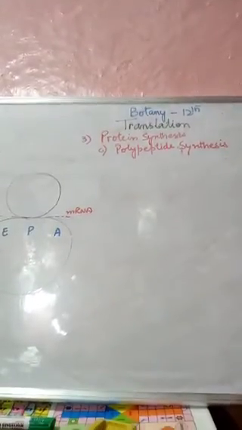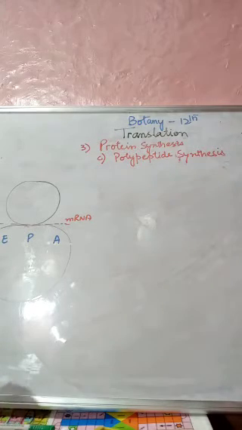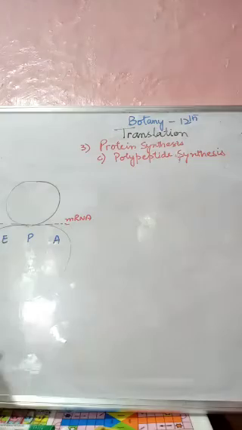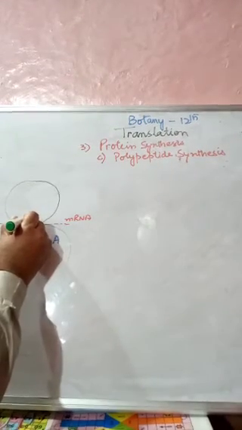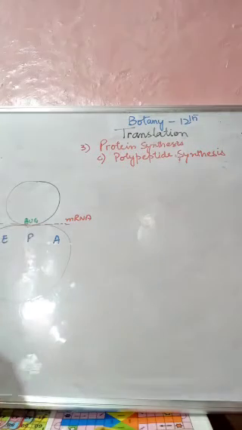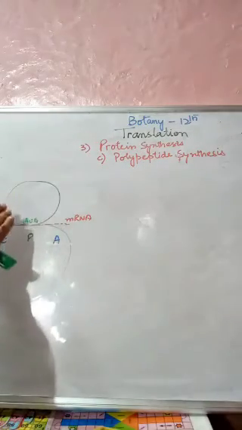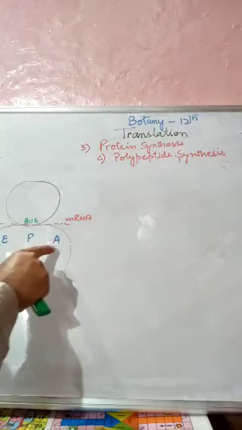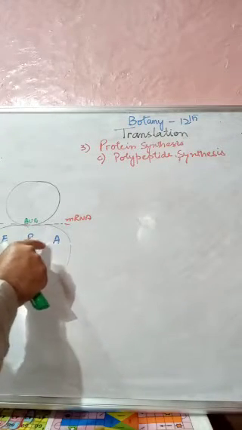And what we have studied is that the first codon always comes at site P, and that first codon is AUG. It always comes at site P. All other codons for different amino acids are read at site A.